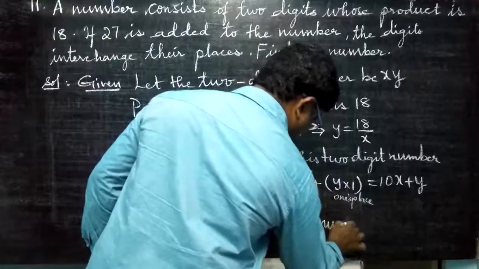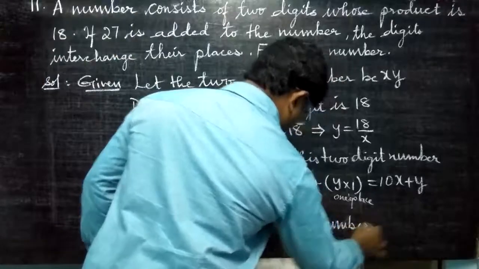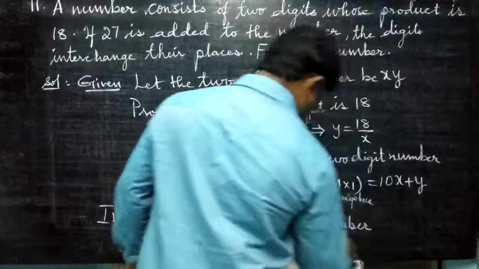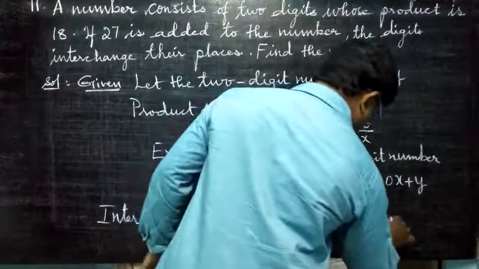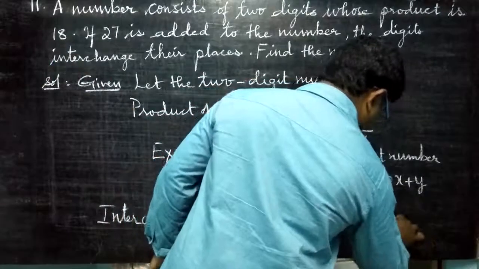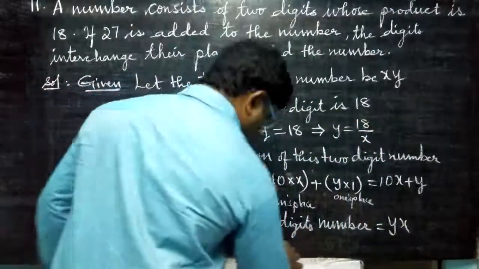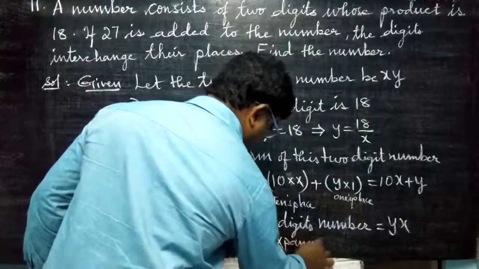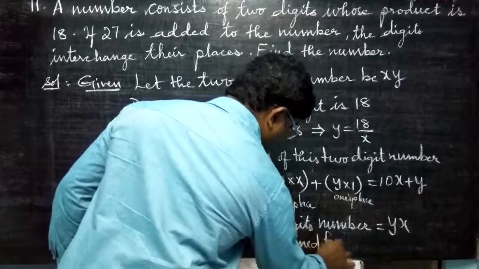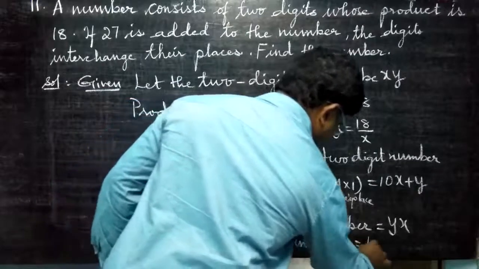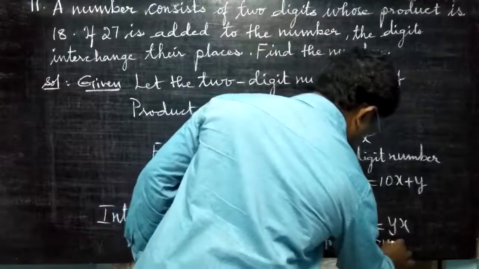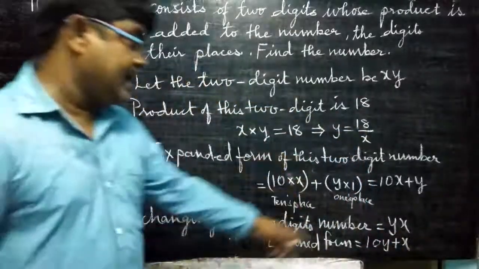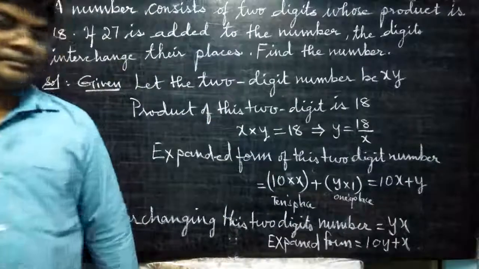That is called interchange. So interchanging these two digits, the number is yx. Write this also in expanded form: 10y plus x. Why? Now x is in ones place and y is in tens place.